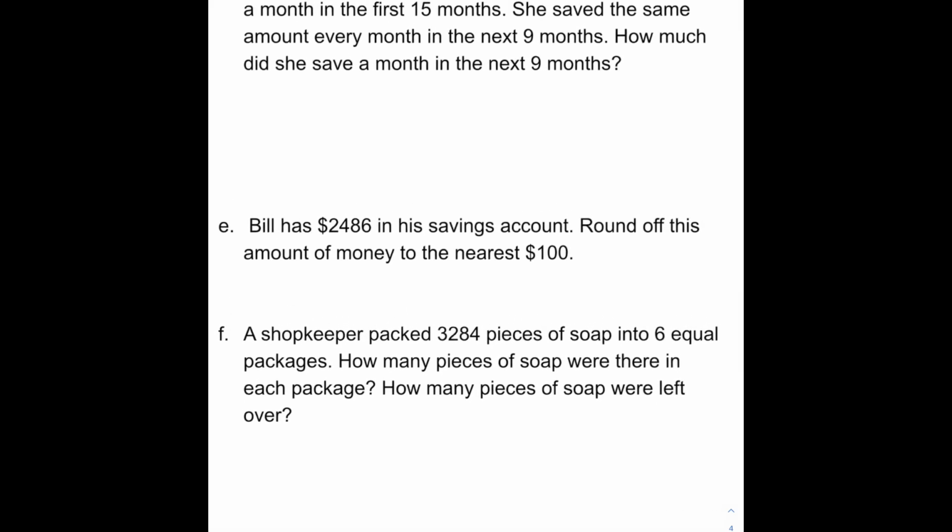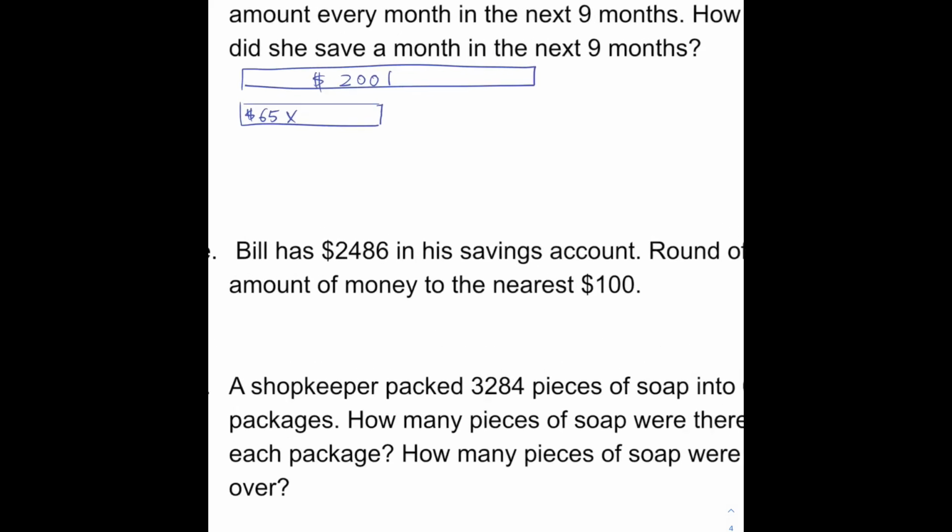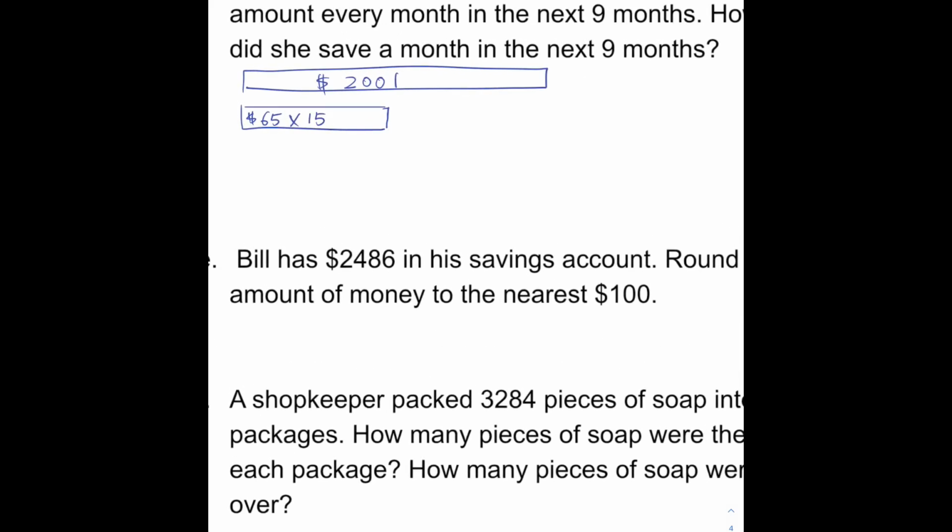So there are two parts of saving. Altogether, in 2 years, that is $2,001. So she first saved 15 months. 15 months saved this much is $65 times 15 months.